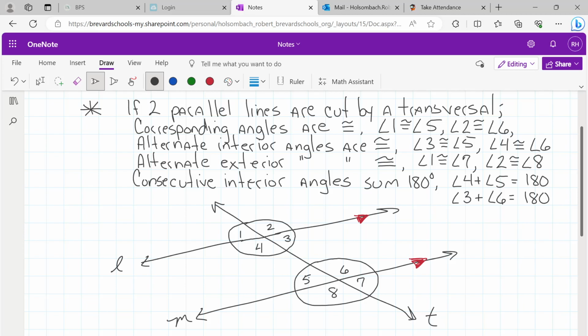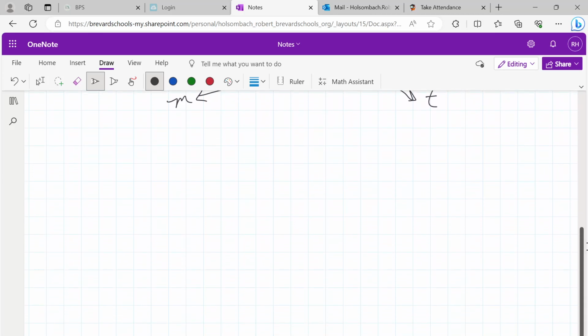So let's look at example 3 on the top of page 182. And again, we've got 2 parallel lines cut by a transversal.